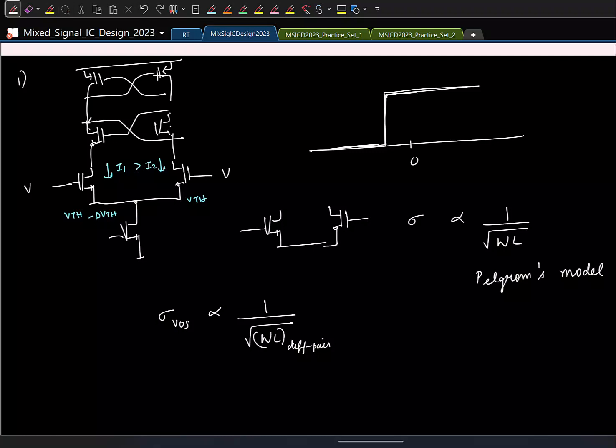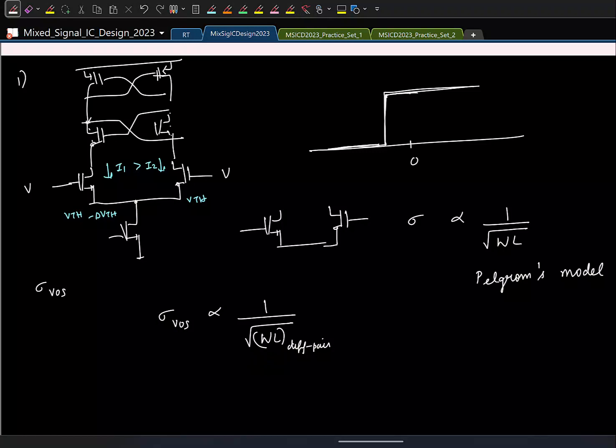So what I can do is choose my differential pair sizes so that I can get reasonable mismatch for the offset. Okay. So in practice, from your linearity specification, you know what the standard deviation of your offset voltage should be. From this, you can find the appropriate size for the differential pair.